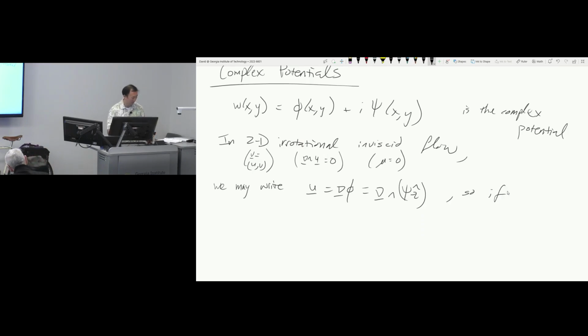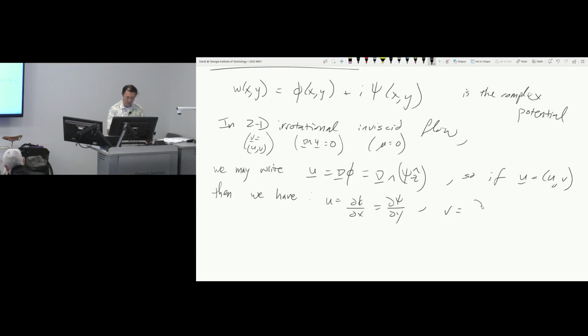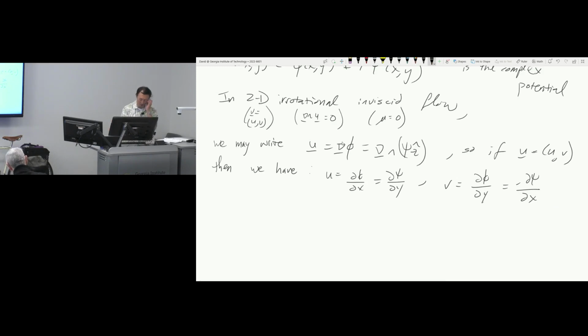So if u is equal to (u, v), then given this shorthand definition of u in terms of phi and psi, u is equal to d phi dx, which is equal to d psi dy, and v is equal to d phi dy, equal to negative d psi dx. Those are just the definitions of the curl and the potential.